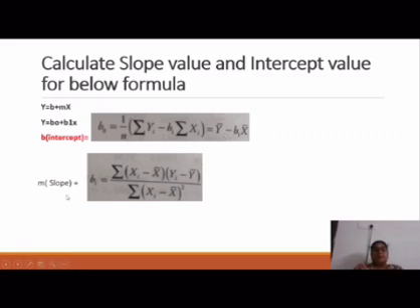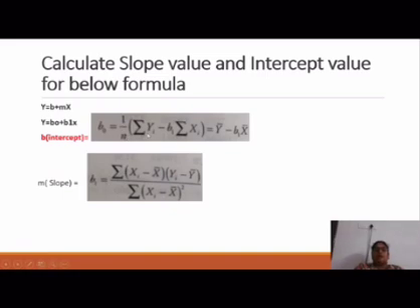So m is the slope, so this is the slope formula. So you need to know the intercept formula and the slope formula. So if you want to calculate the linear regression, y equal to mx plus b, the b0, b1 values we are calculating directly through the formula.